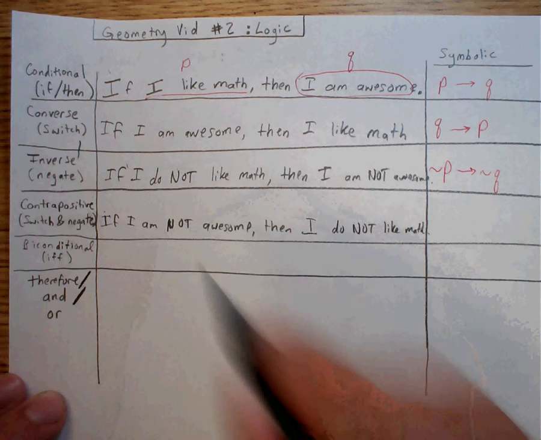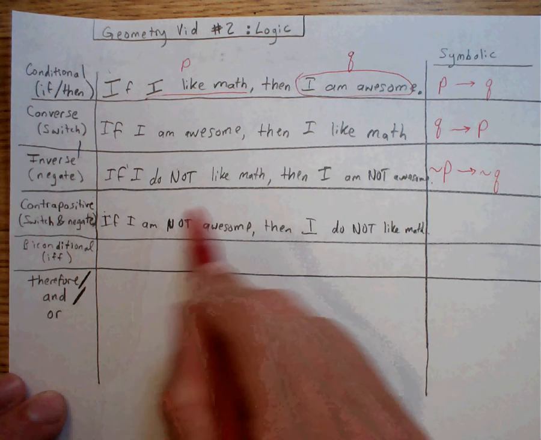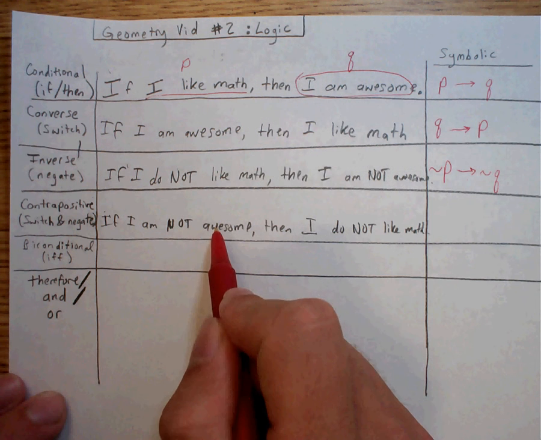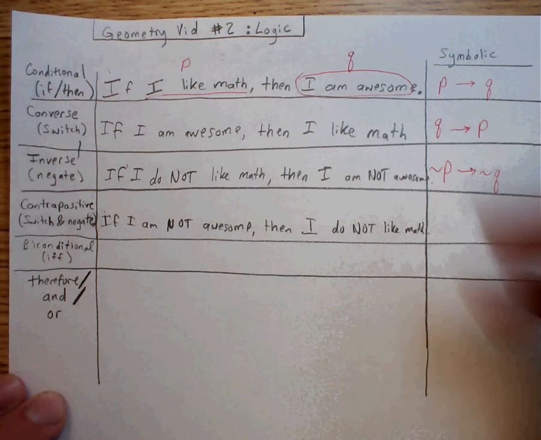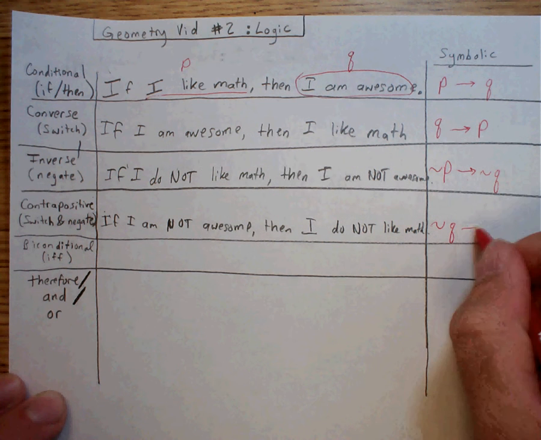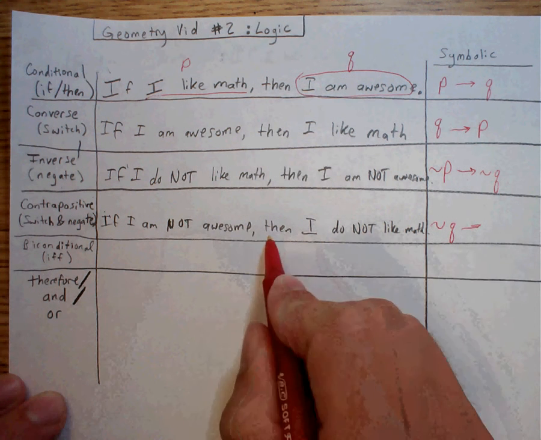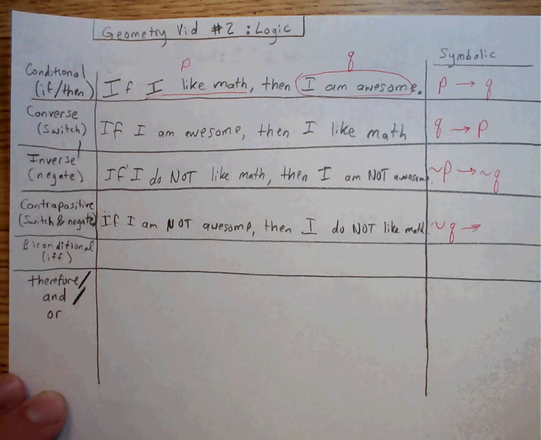Okay? So let's see what we did there. We did not Q, because awesome is Q, right? We said awesome was Q. So we did not Q implies, because we have an if-then statement, so we need that arrow to symbolize implies, or if-then, not P.